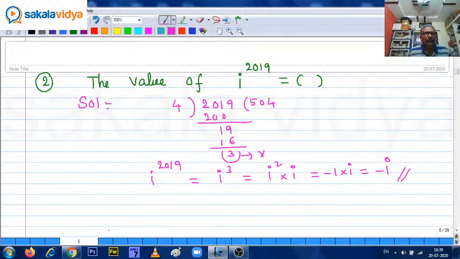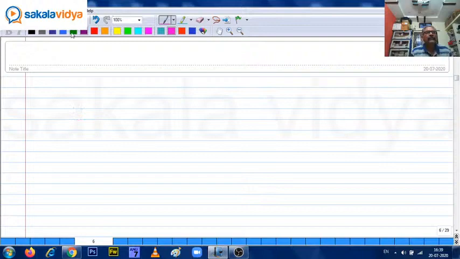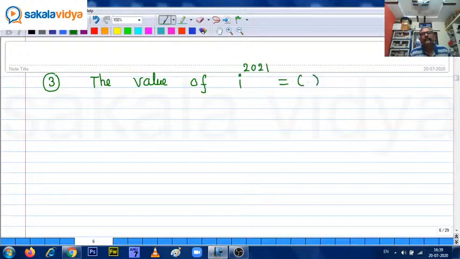Now I'll give one more question. Third one. The value of I to the power of 2021. Value of I to the power of 2021. Anybody?